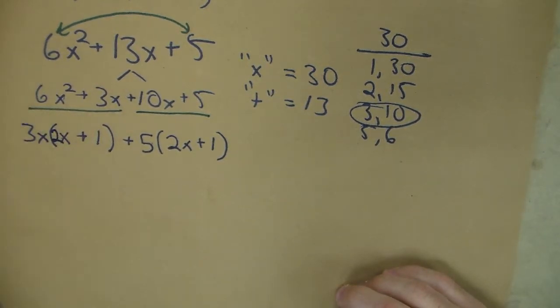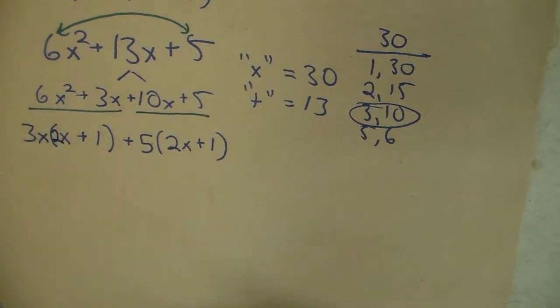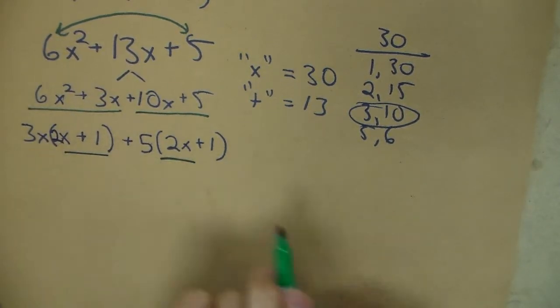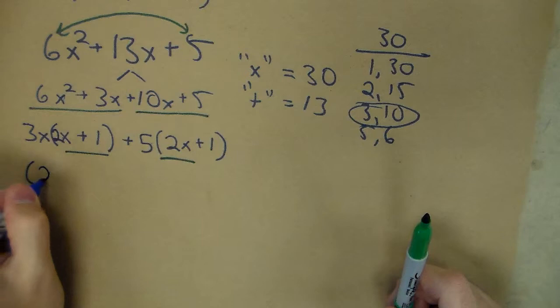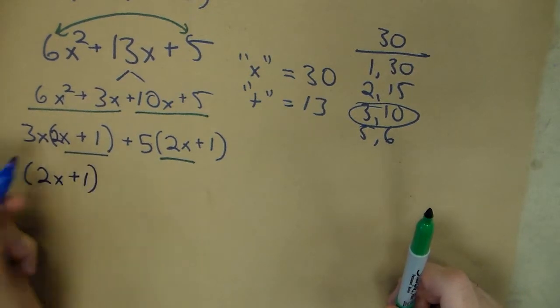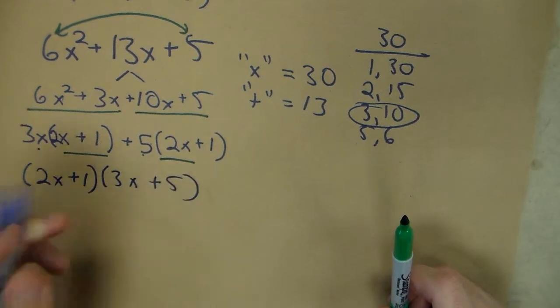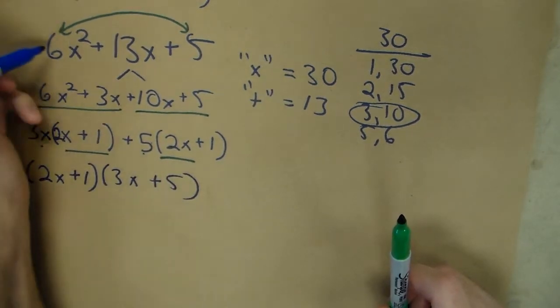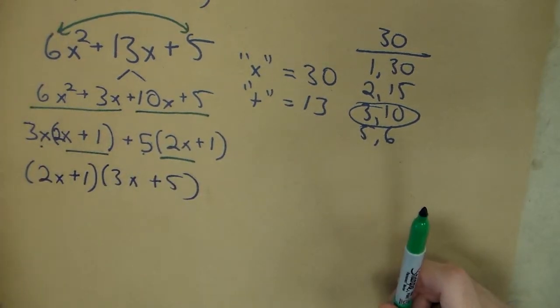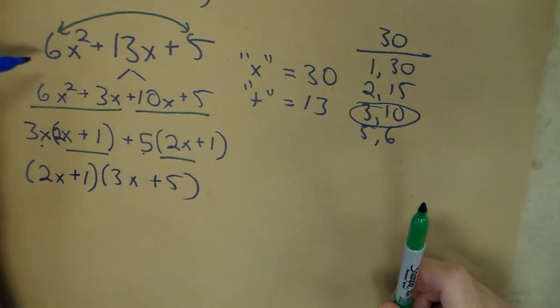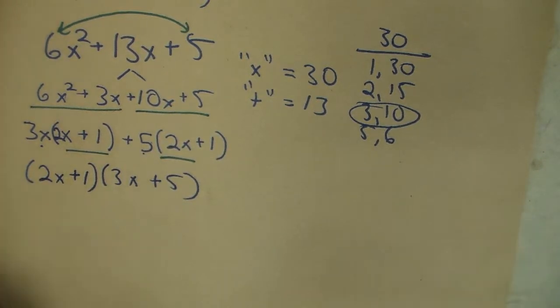So factored out the 6x should be a 2x there. So these are the same. So I'm going to take that out of the whole thing, 2x plus 1, and I'm left with 3x plus 5, which is our new factor of that result, and I'm done. If I went back and multiplied, back in the reverse direction, I'd get the same thing.